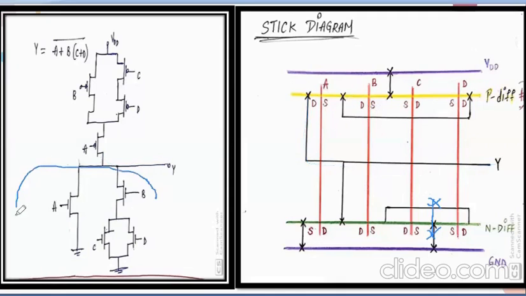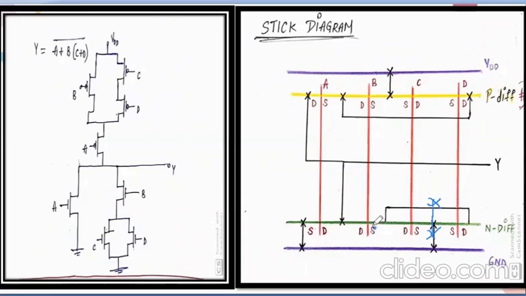Now let's see the NMOS circuit. Source of A is connected to ground, so I connected it to ground. Drain of A and drain of B are connected to Y. Source of B and the drains of C and D are connected.